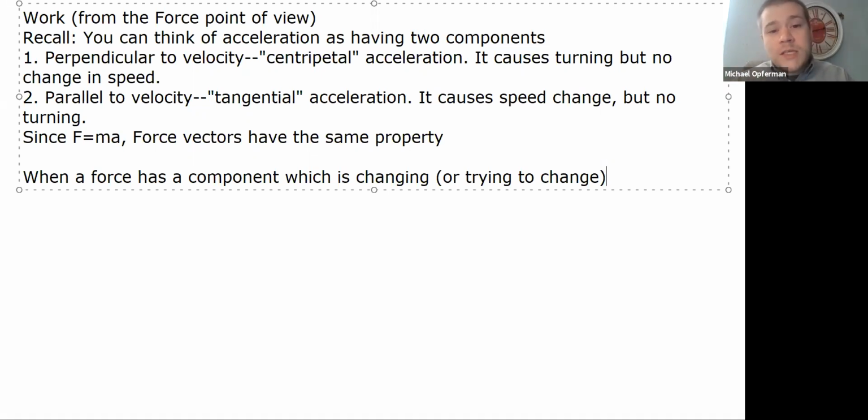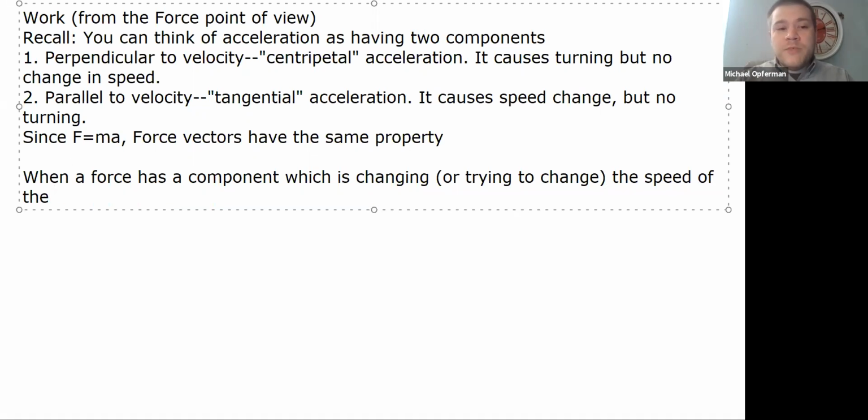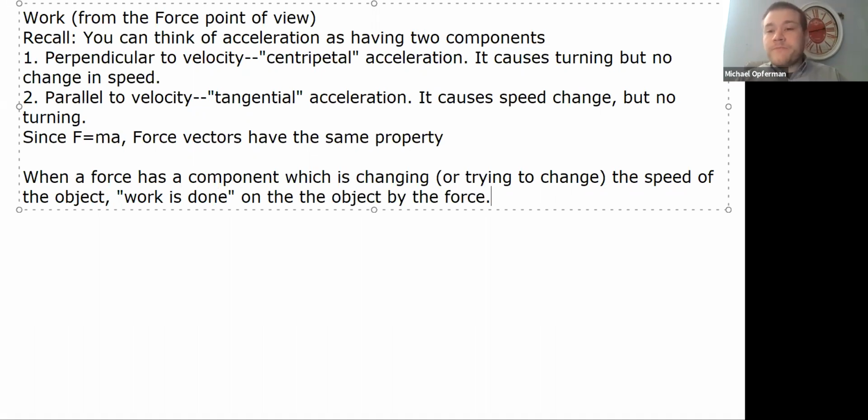So when a force has a component which is changing or trying to change the speed of the object, we say that work is done on the object by the force.